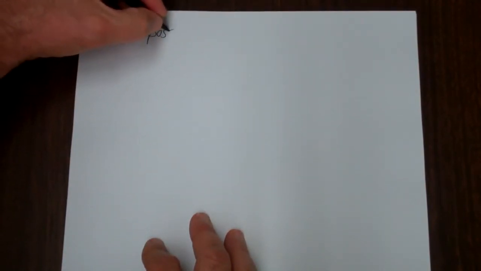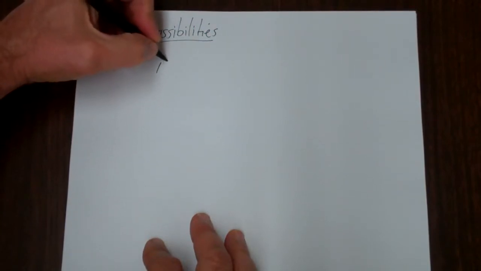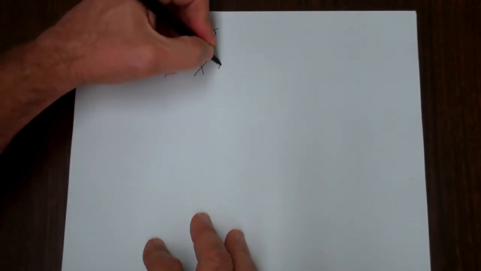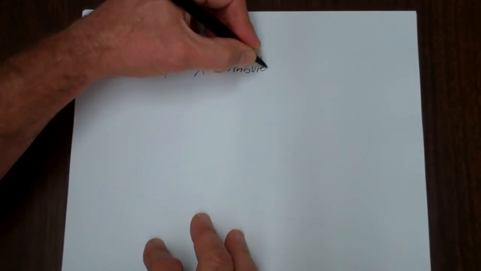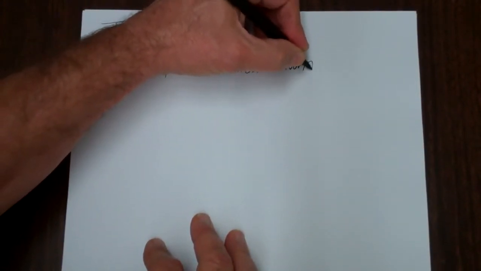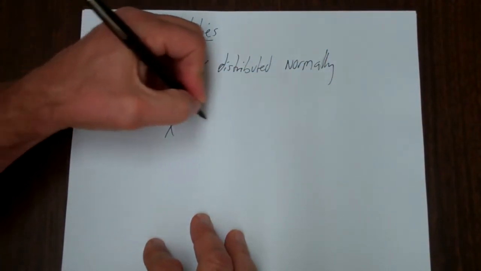Well, there's two possibilities. The first possibility is that the original distribution is normally distributed. So if X is distributed normally, then X bar will be too.